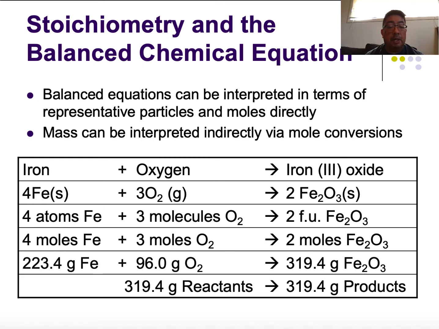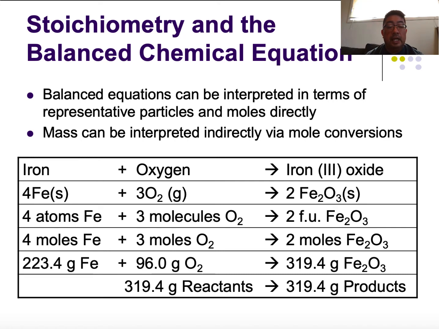So one way of interpreting this is saying for every 4 moles of Fe that react, I need 3 moles of O2. And I can also say for every 3 moles of O2 that react, assuming I have enough iron, I should get 2 moles of Fe2O3. Stoichiometry maintains the proportionality of these constants.